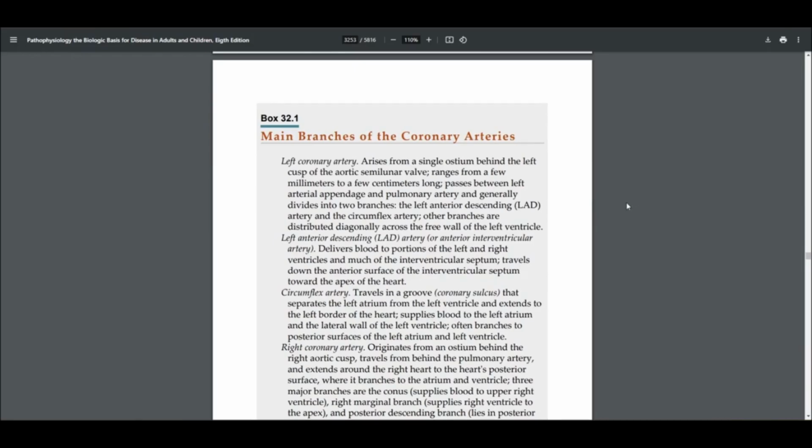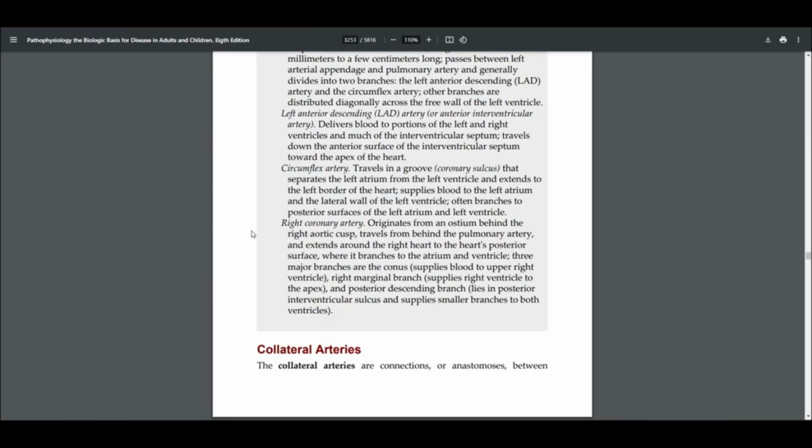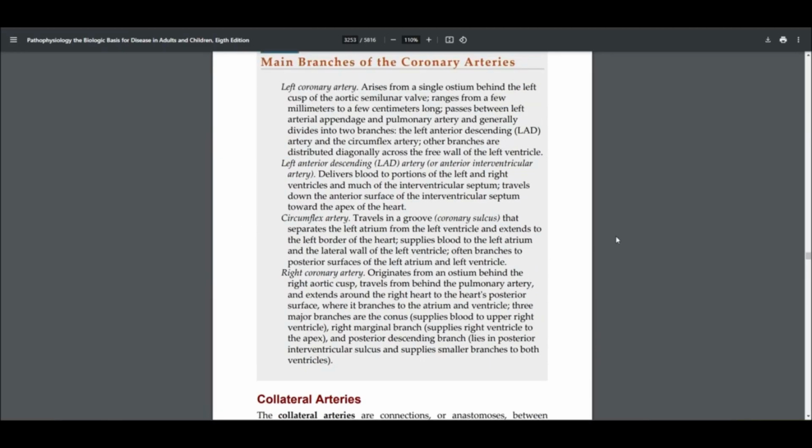So there's a box here regarding the main branches of the coronary arteries. The left coronary artery arises from a single ostium behind the left cusp of the aortic semilunar valve. It ranges from a few millimeters to a few centimeters long.